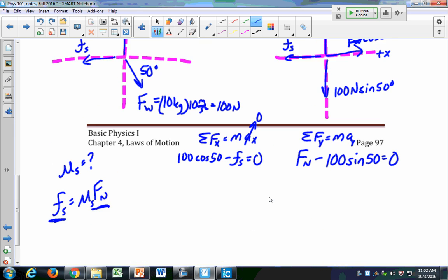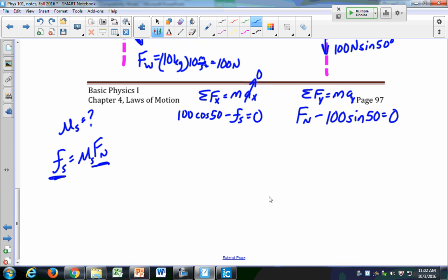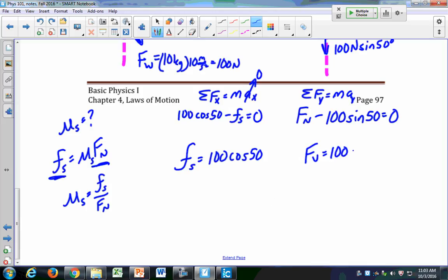Okay, so now I know from this relationship that mu_s is Fs over Fn. And so I can solve this for Fs. It's equal to 100 cosine 50. I can solve this for Fn. It's equal to 100 sine of 50.